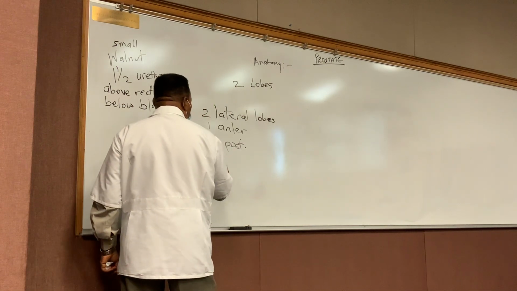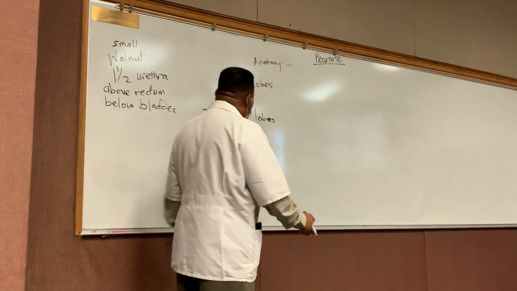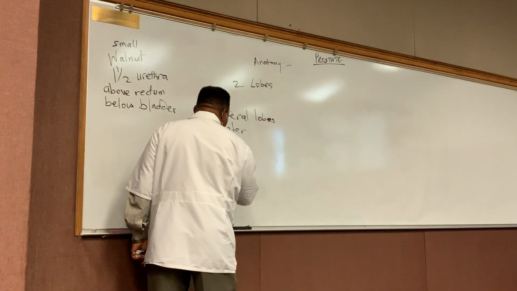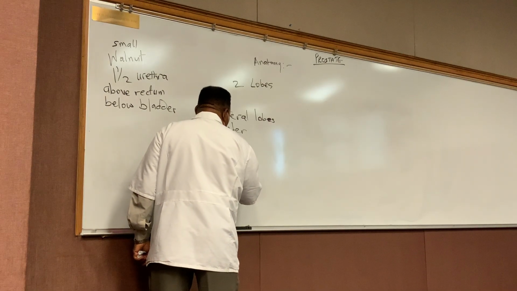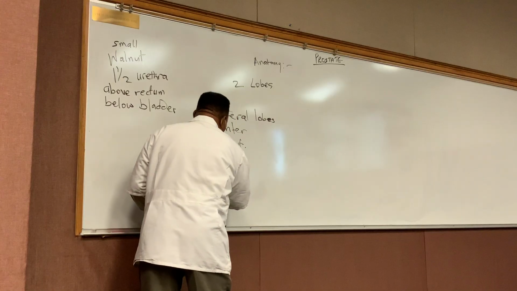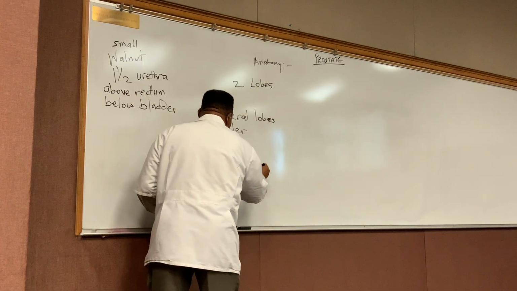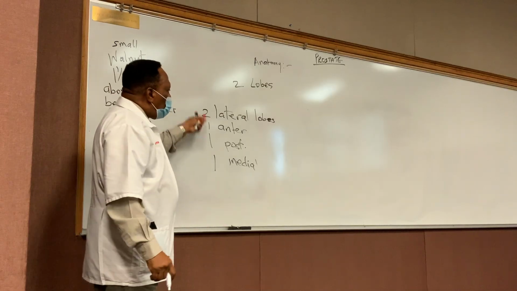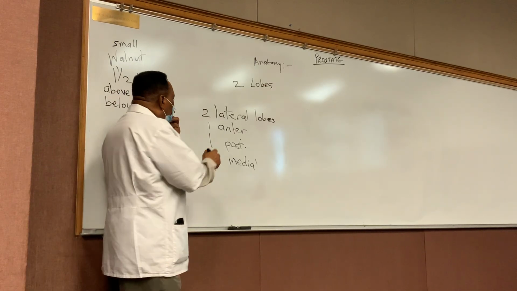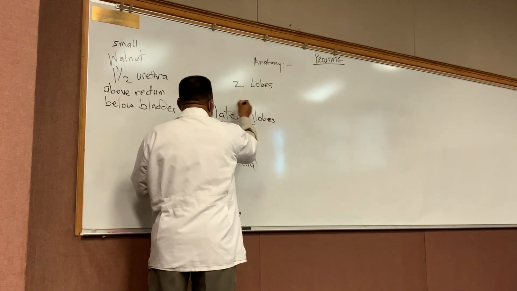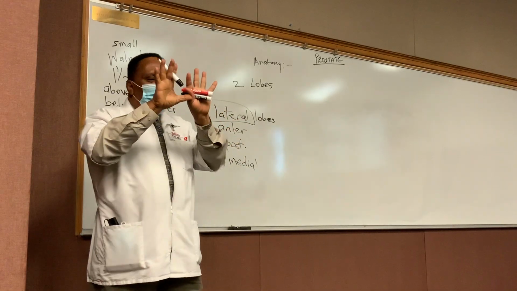And then you have one that is like central or median. So that's how you got 5. But these 2 lateral lobes are the largest.